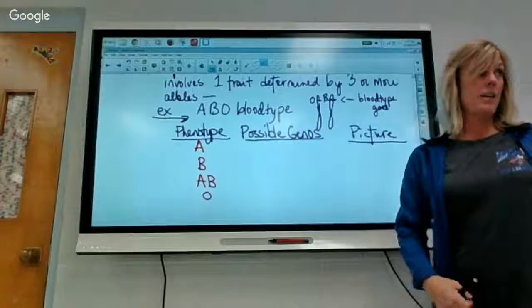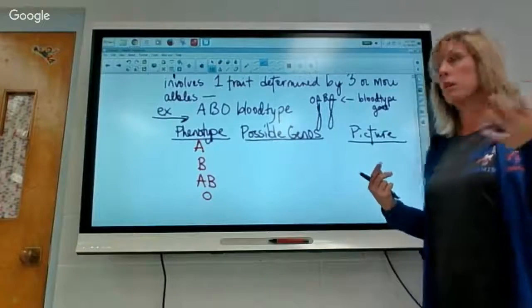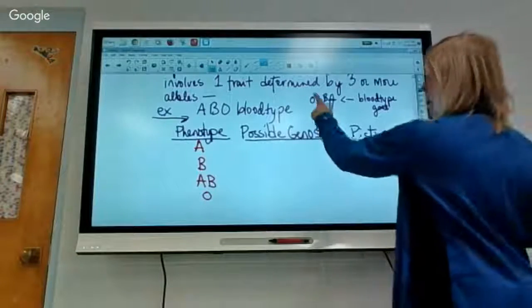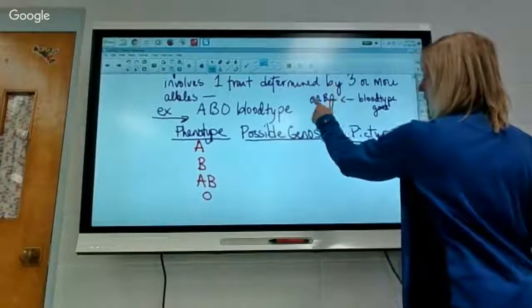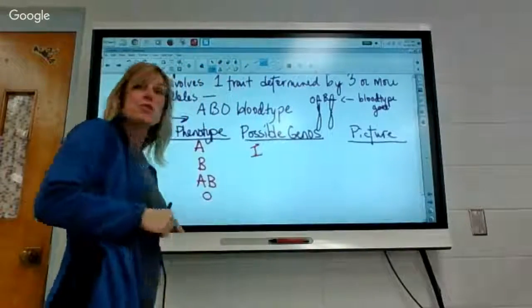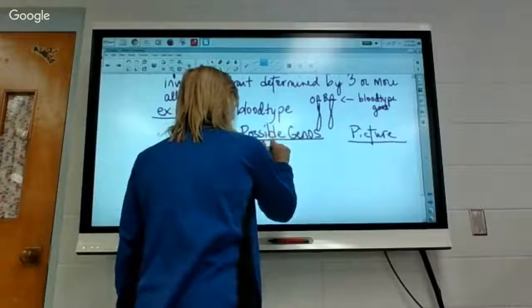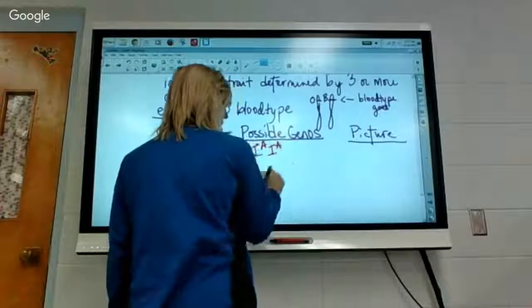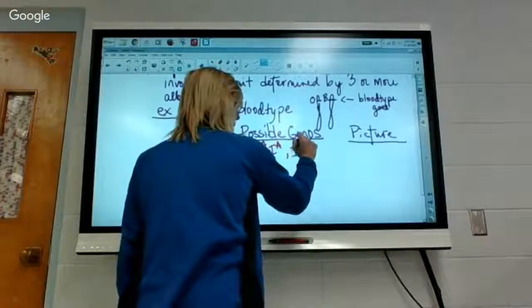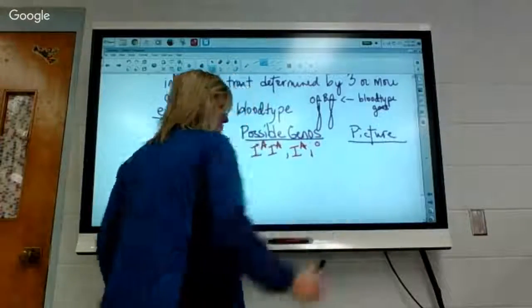So to get A, how can you get that blood? Capital I, capital A, capital I, capital A. Okay, right. So you're going to have AA or AO. They most likely will put the I's on your test. So you might as well write them out this way so you're familiar. Or you're exactly right, the little i, which I'm going to put the imaginary O up there.